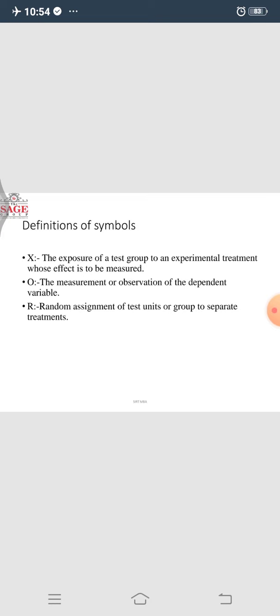First symbol is X, the exposure of a test group to an experimental treatment whose effect is to be measured. In experimental research design, there is a control group and there is an experimental group or a test group. For example, we want to see whether eating an apple increases hemoglobin in the blood of school going children. So we'll divide our sample into two groups.